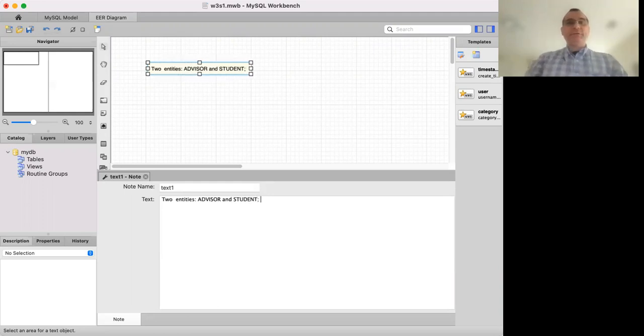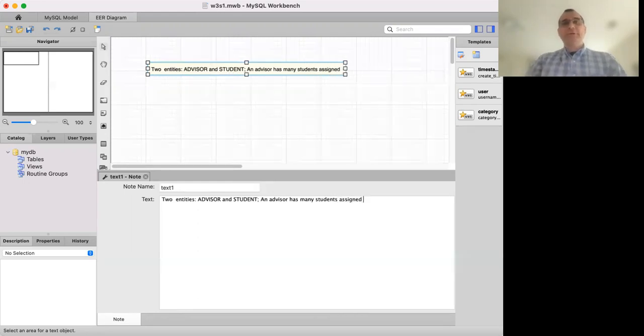And the first story is that an advisor has many students assigned, but a student will be assigned to only one advisor.